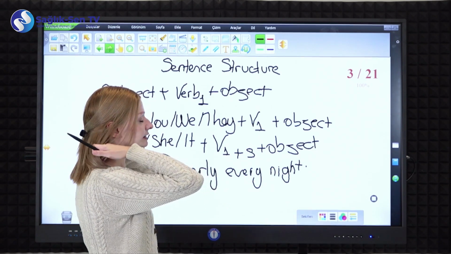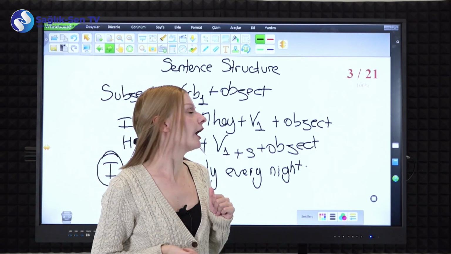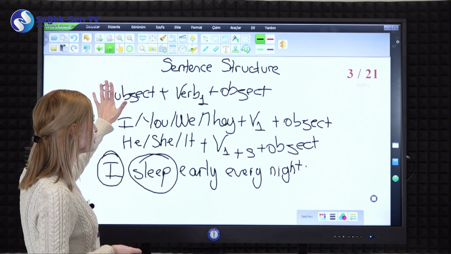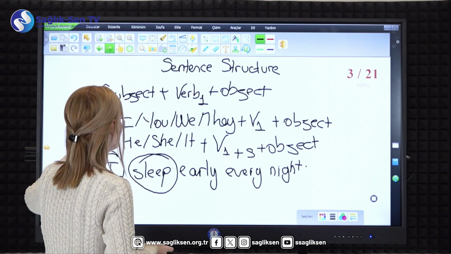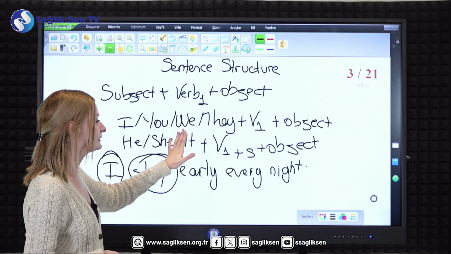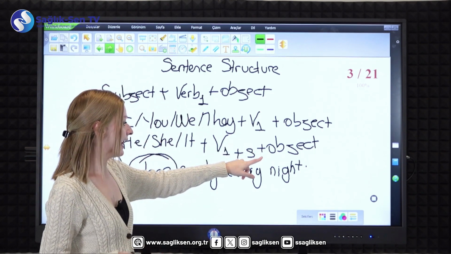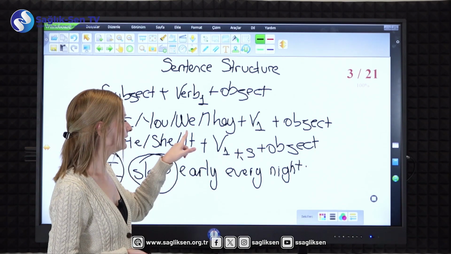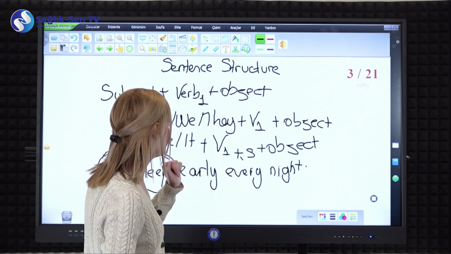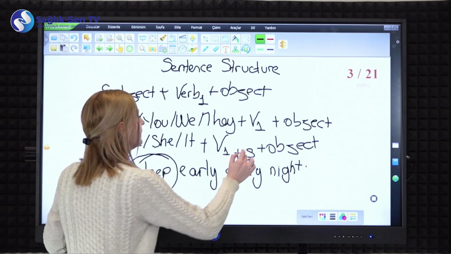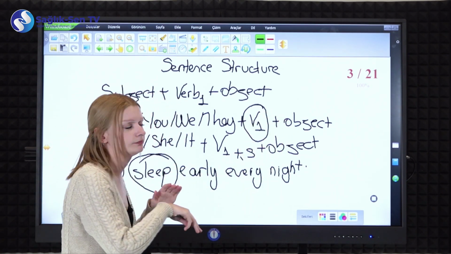Let's have a look at the sentence structure one more time. With subject, verb, and object. We said he, she, it gets an S in their verb. Again, I, you, we, they gets verb 1 in its form.